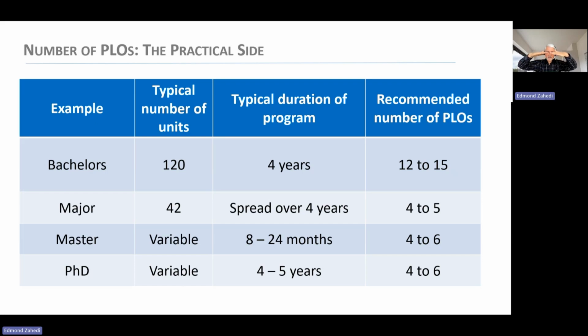A program learning outcome is more general. It's encompassing lots of items. A course learning outcome is much more specific. It's going to target a specific area. So this is why we don't aim at lots of PLOs. And I have seen programs, don't ask me which program, with 33 PLOs.